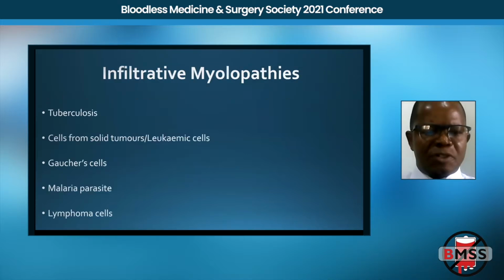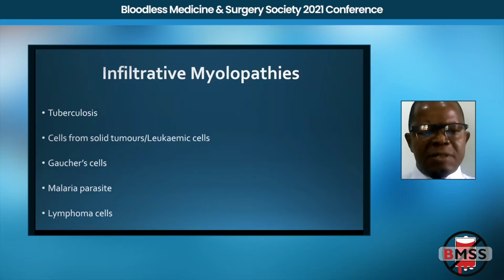Next slide. So there are other causes of anemia, and that is infiltrative myelopathies. It used to be called myelophthisic anemia, whereby other agents or pathologies in other parts of the body can infiltrate the marrow, the site of hemoglobin and red cell production.